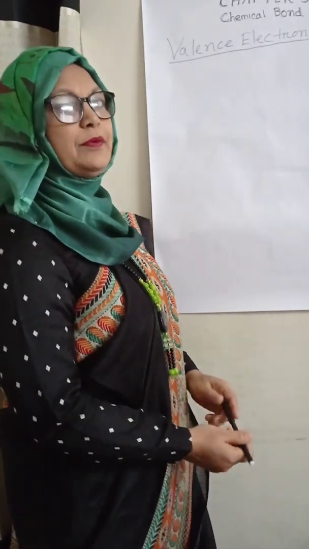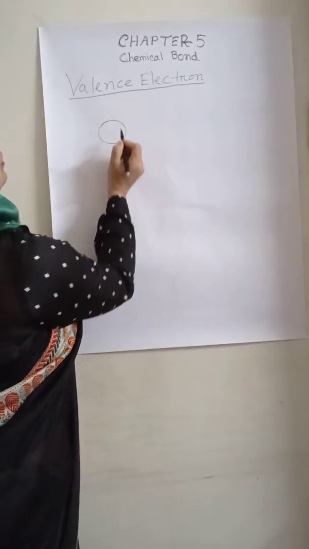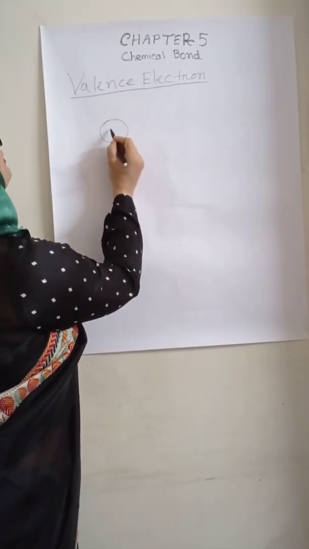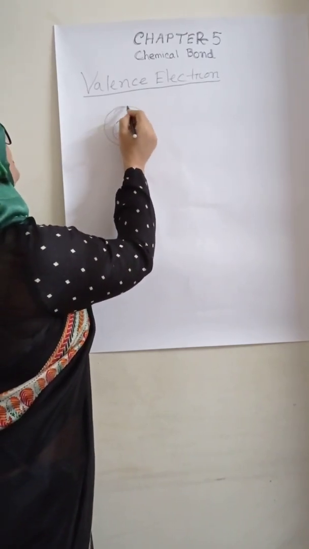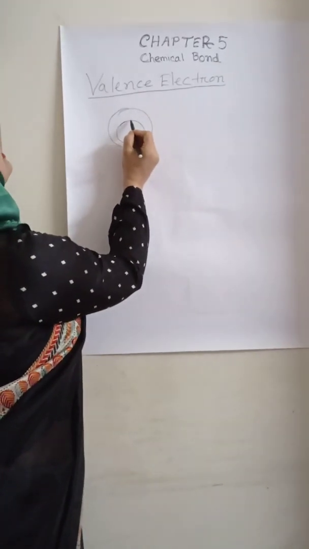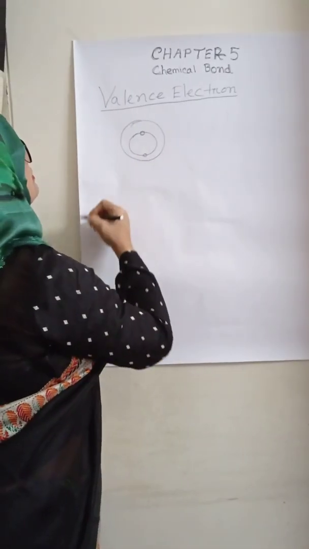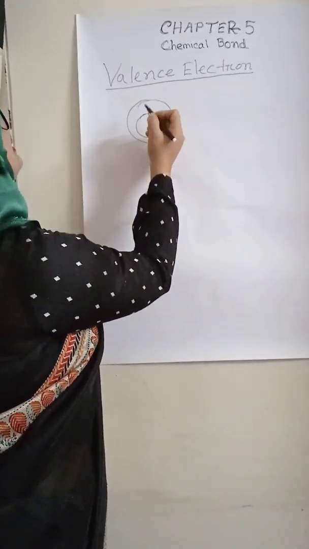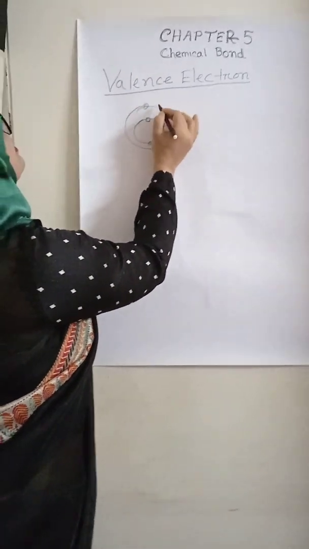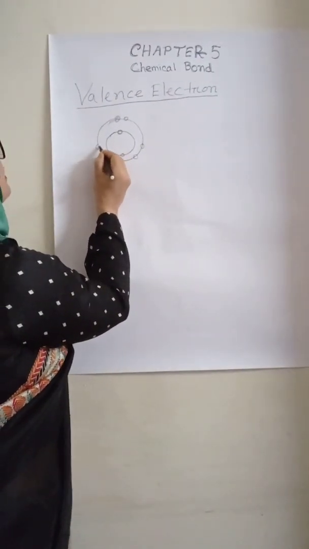Now look at the picture. You know the atomic number of nitrogen is 7. So, in the first shell there are 2 electrons and in the second shell there are 5 electrons.